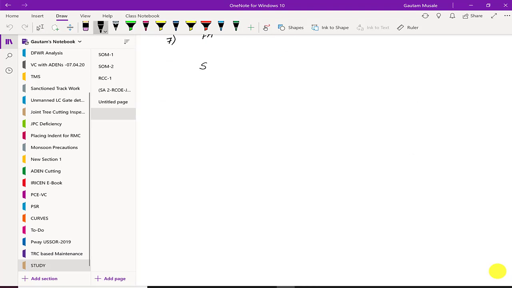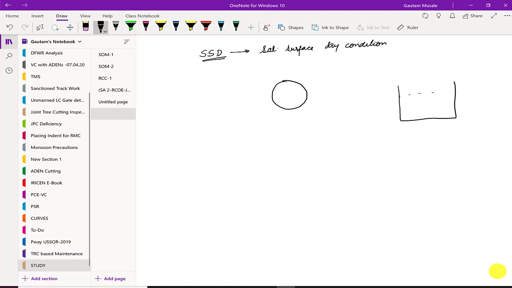SSD corresponds to saturated surface dry condition. Now what exactly is this SSD condition? Let us say I take a particle or a piece of stone or a piece of aggregate, and I dip it inside water. This is my bucket of water.